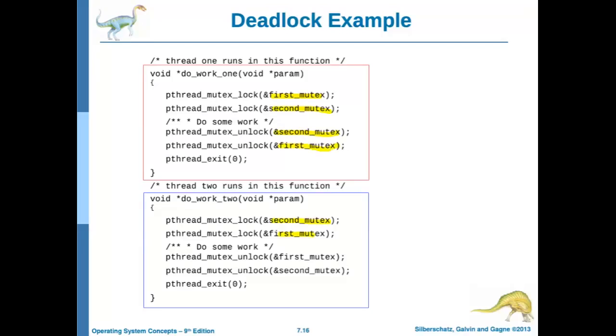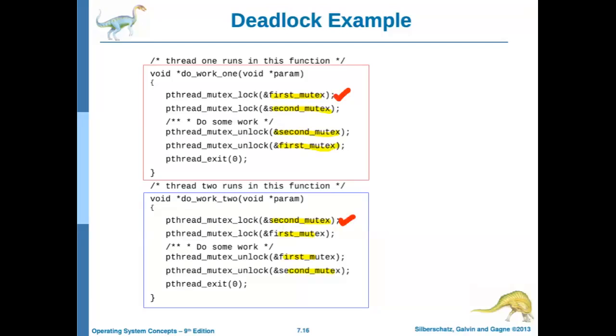Now the problem is, what happens if, for example, this statement is executed by thread 1 and maybe context switching happens, and the next is executed by thread 2.